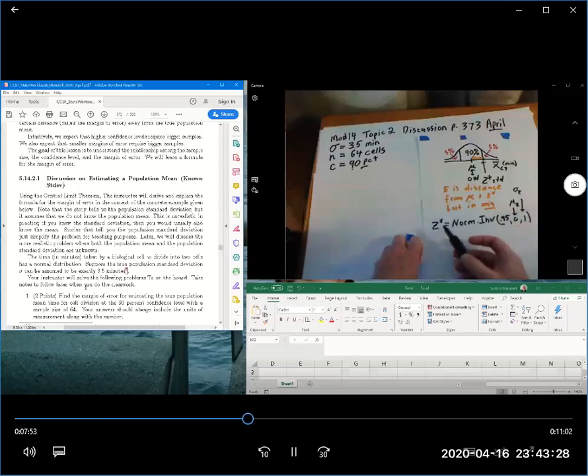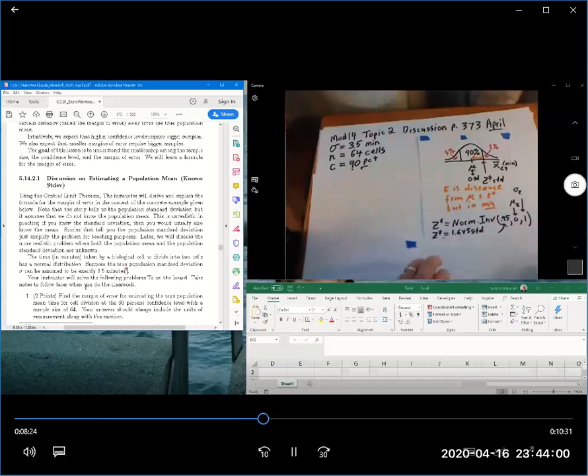So you use Excel to find the edge of the middle 90%, and it'll tell you that's at 1.645 standard deviations. So that's the margin of error in standard deviations, 1.645 of them. But the question is, how many minutes makes 1 STD?